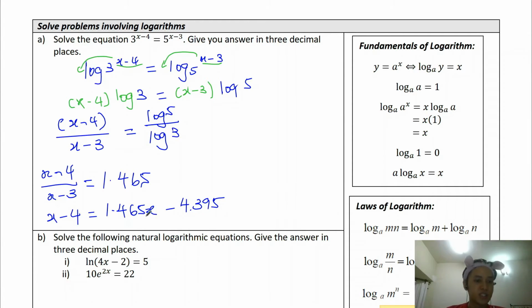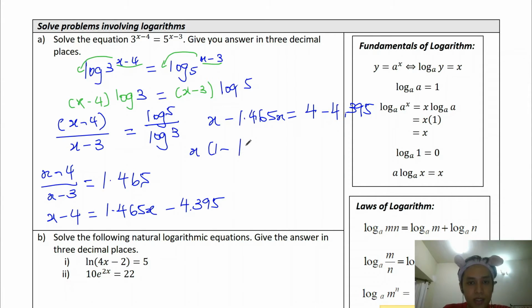And then they rearrange. Okay, same unknown, same side. So x minus 1.465x equivalent to 4 minus 4.395. So this one you factorize the x out, so it will become like this.